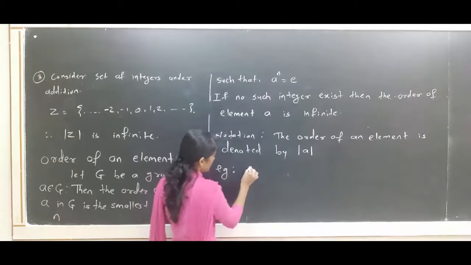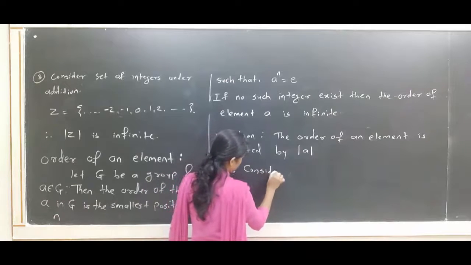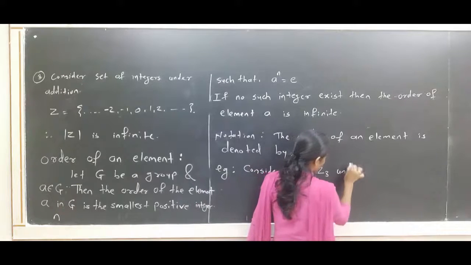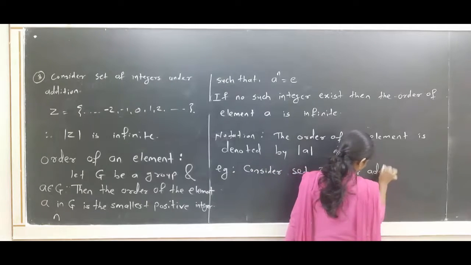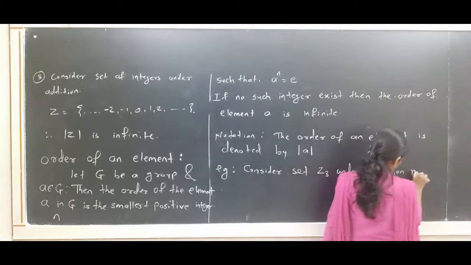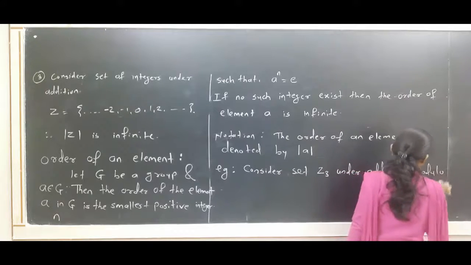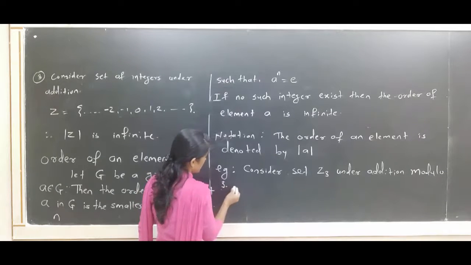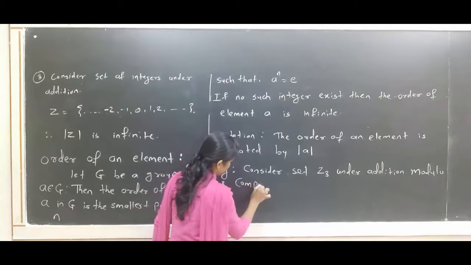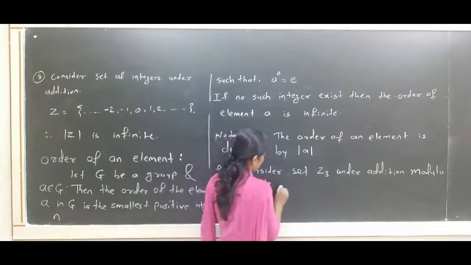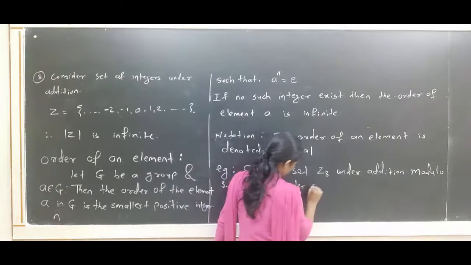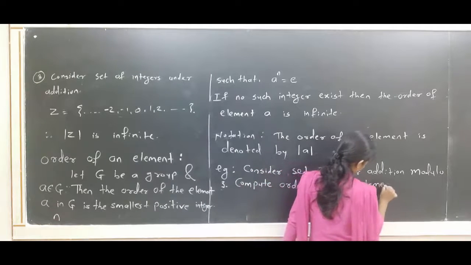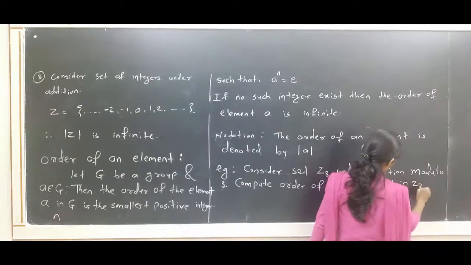So first example, consider the set Z3 under addition modulo 3. Compute the order of each element in Z3.